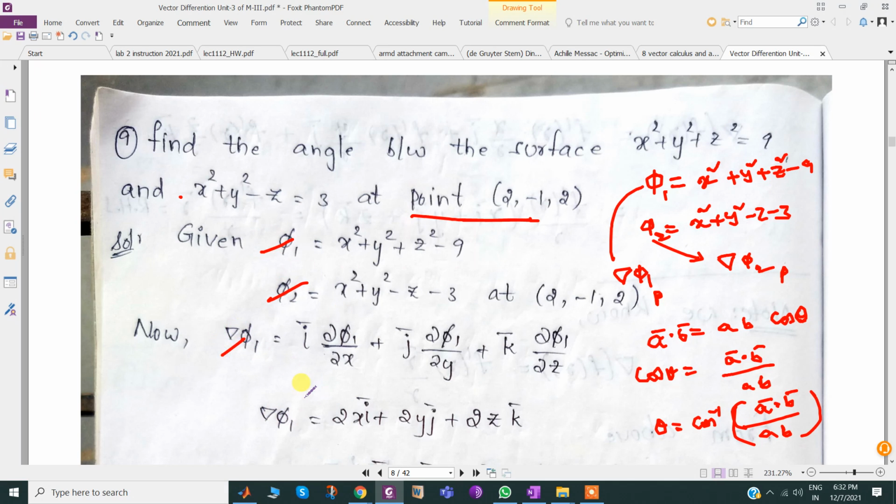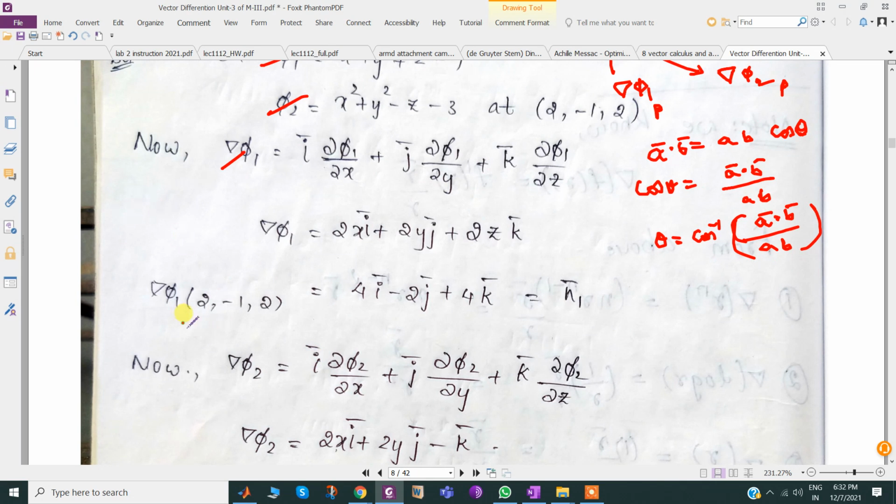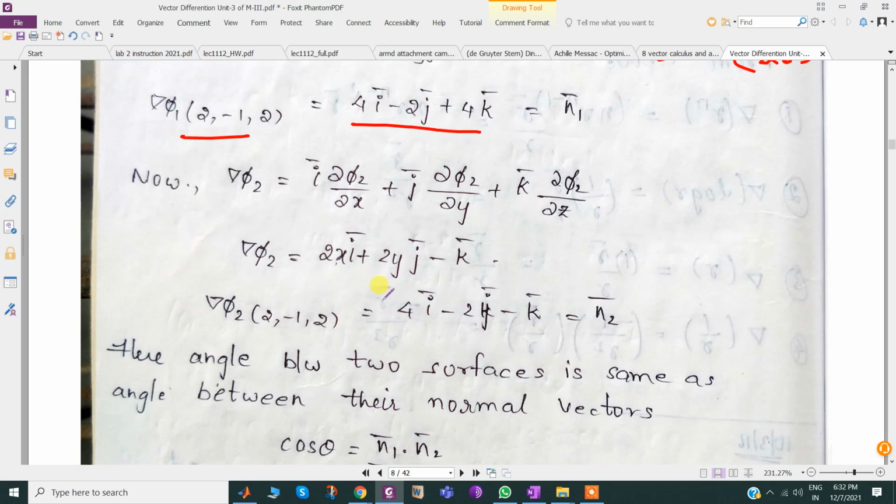Del phi 1 we calculated, and del phi 1 at the point P we got here: 4i bar minus 2j bar plus 4k bar. Similarly del phi 2 at the point, these are the two vectors.